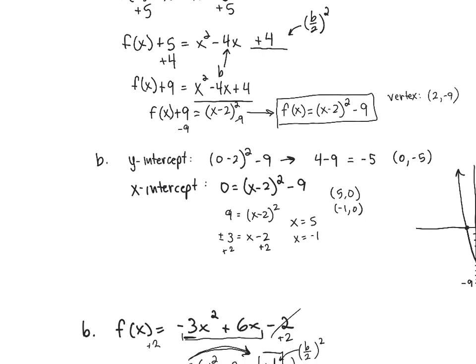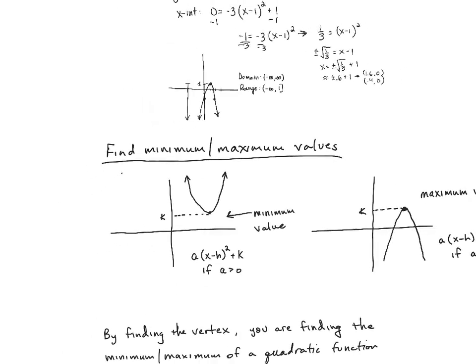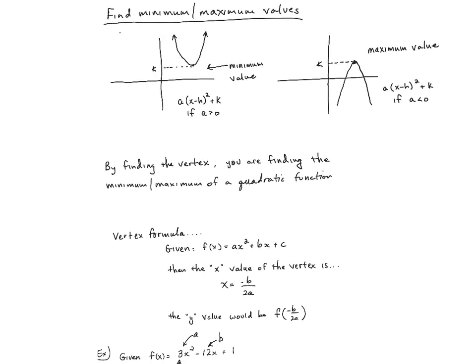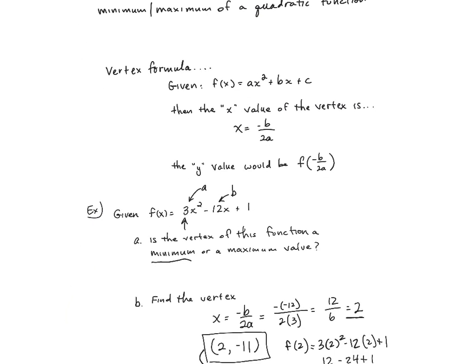Second learning target was simply finding the vertex without completing the square. Finding the minimum or maximum value using this vertex formula is sometimes a quicker way if you just want to find the vertex and not necessarily write this function in standard form.